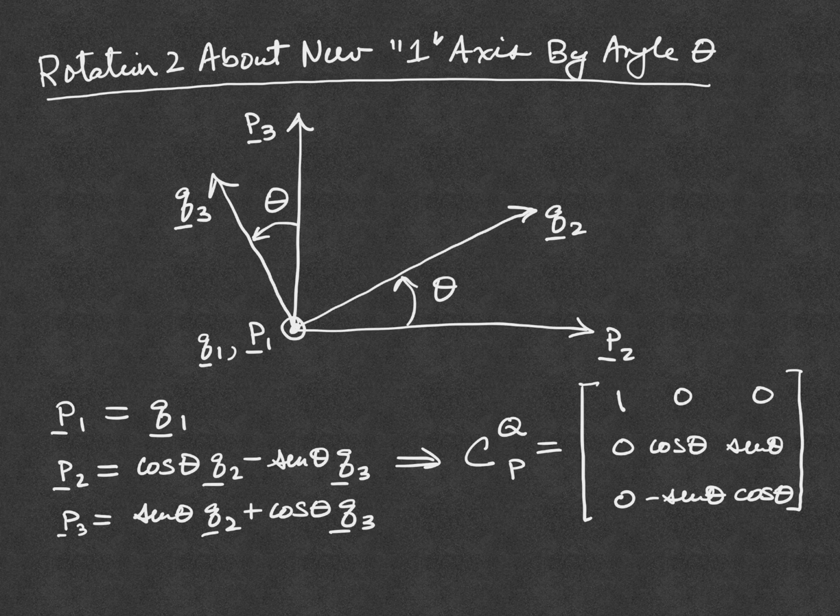And in a manner similar to what I did for the first rotation, the angular velocity of Q in P is equal to theta dot times Q1. So that completes the second rotation.